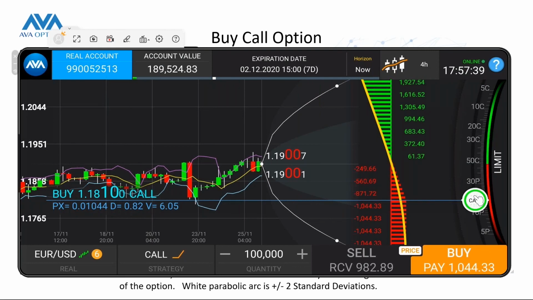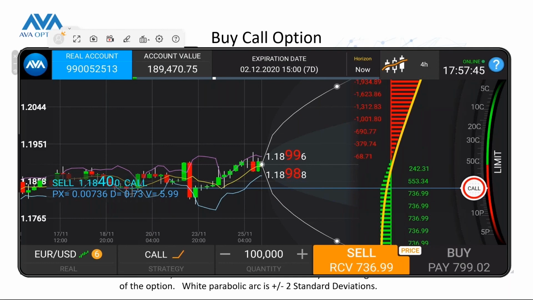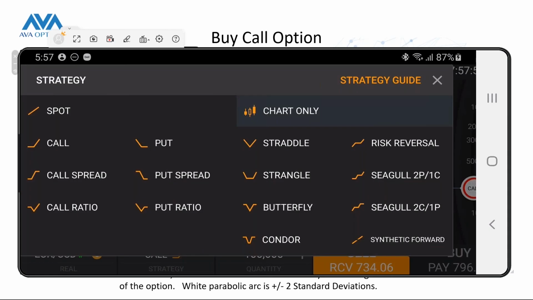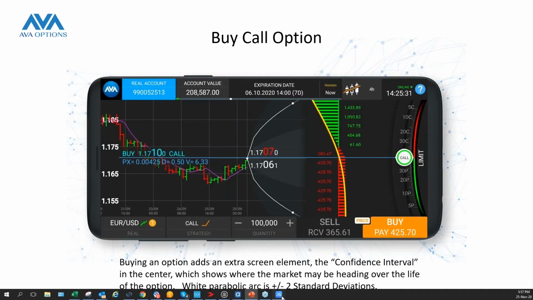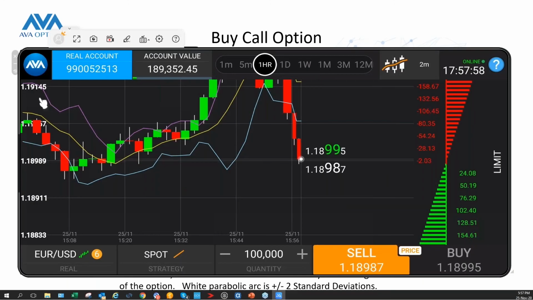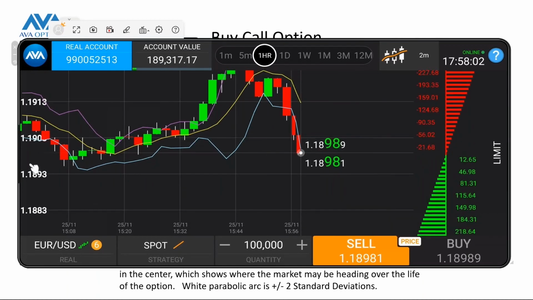The most risky thing is to sell options. But just looking at that picture, it's no more risky than trading spot. Trading spot is unlimited exposure. Trading options is also unlimited exposure, but you at least get paid for taking that risk.